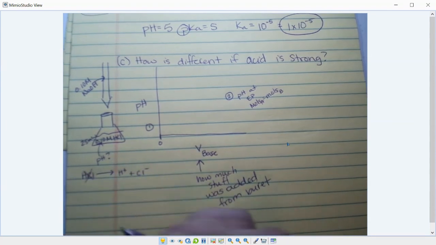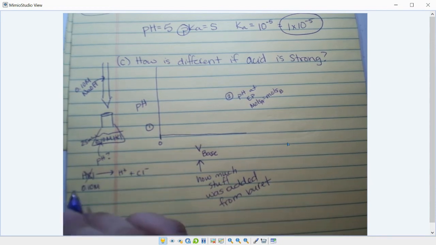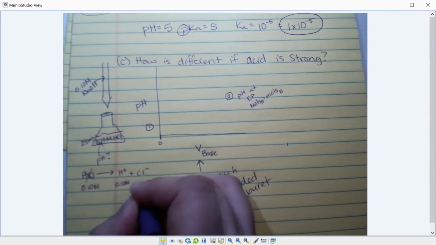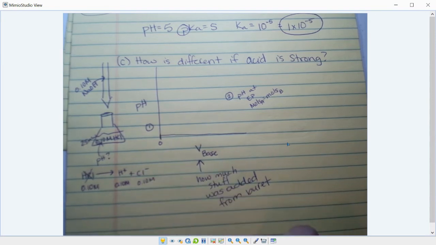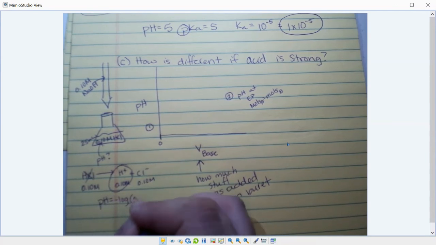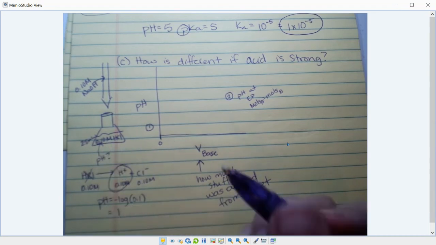If I have 0.1 molar of this, then when it completely dissociates, it's going to produce 0.1 molar of H+ and 0.1 molar of Cl-. And if I know H+, then I can calculate pH. So pH equals negative log of 0.1, which is just 1. So before we add any base, the pH of this strong acid is 1.